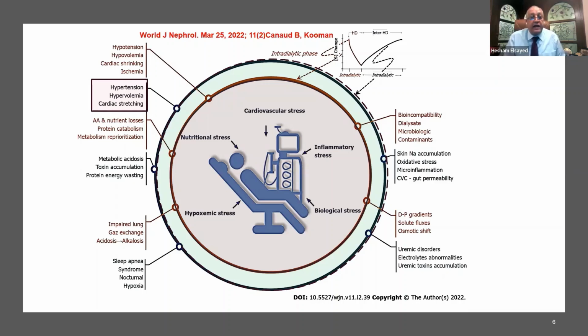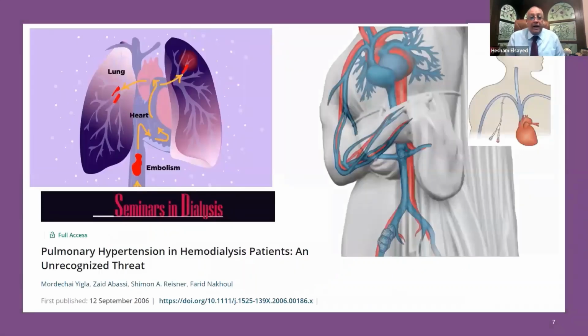We will discuss today mainly the hypotension episodes. Pulmonary hypertension as well in patients on dialysis is clinically undiagnosed, because many patients suffer from pulmonary congestion and recurrent pulmonary emboli, especially patients on catheters who develop pulmonary hypertension.